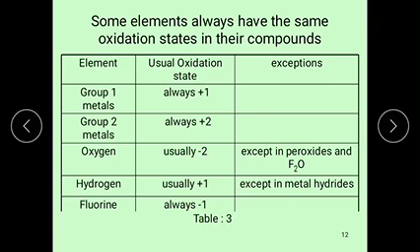In metal hydrides, such as sodium hydride, the hydride oxidation state is -1. And next one is fluorine. The fluorine oxidation state is always -1 because it is the most electronegative atom in the periodic table, and there is no exception.